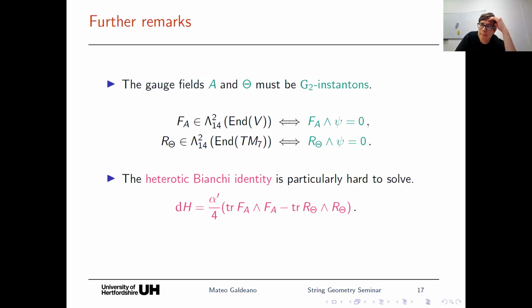So the Killing-spinor equations usually are not enough to solve the equations of motion. You have to add a little bit on top. There's a theorem by Friedrich that if you add the heterotic Bianchi identity and you ask this theta to be an instanton, then it is enough and you solve the equations of motion.